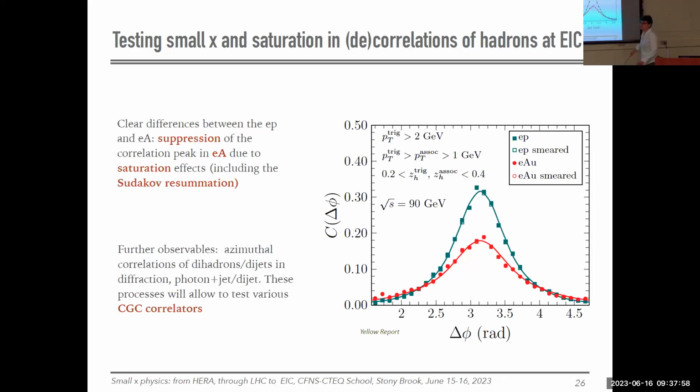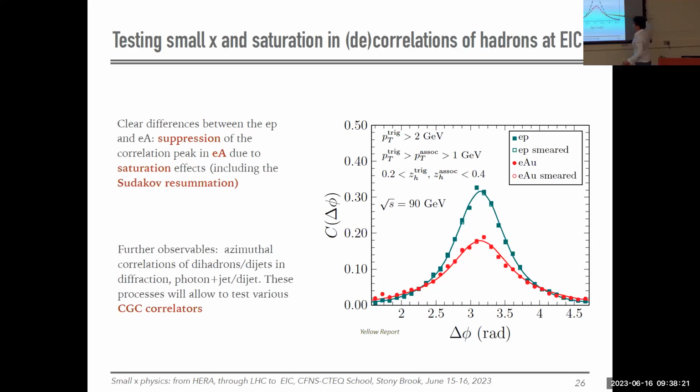Okay, so you see that these dihadrons are becoming more decorrelated when you have scattering on the nucleus, and that is attributed to the fact that you have more saturation, because you have essentially multiple scatterings. There is a higher saturation scale.